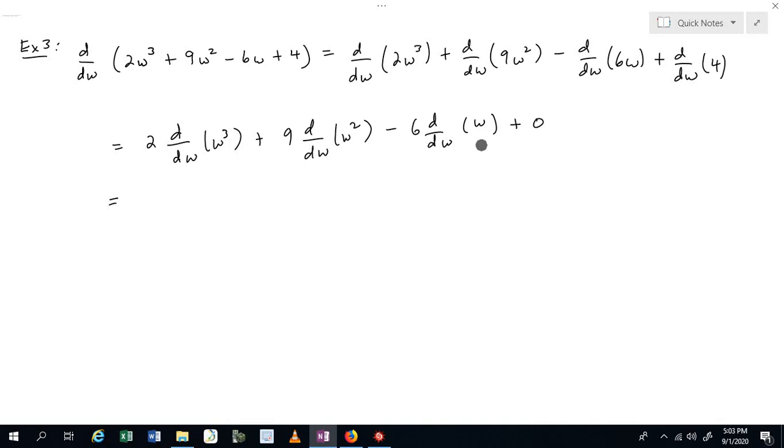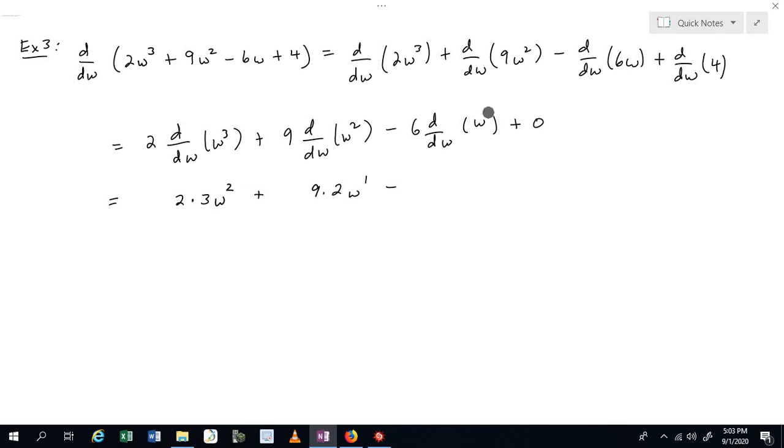Okay, now we're just left with a situation where we need to apply the power rule. So to find this derivative, you would just multiply by 3 and then subtract 1 from the exponent. So it's going to be 3w to the second power, and then you're going to multiply that by the constant in front. Okay, this one's going to be 2w raised to the first power, and then multiplied by the constant. This one, the derivative of w with respect to w is simply 1.